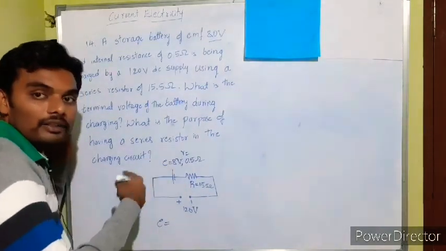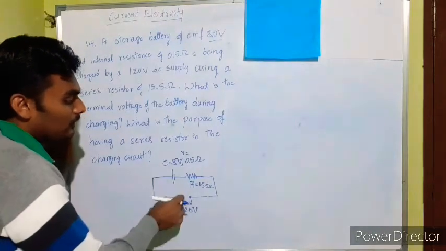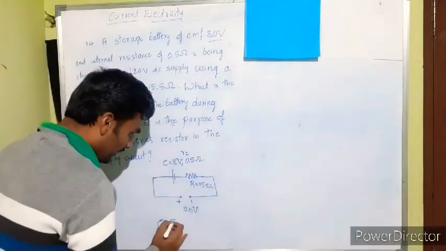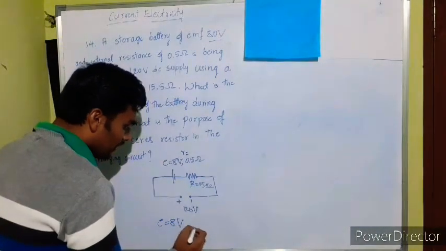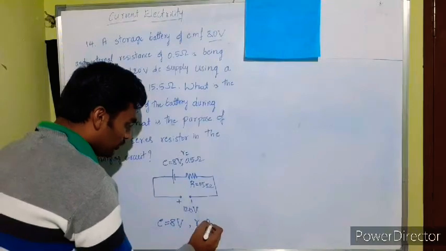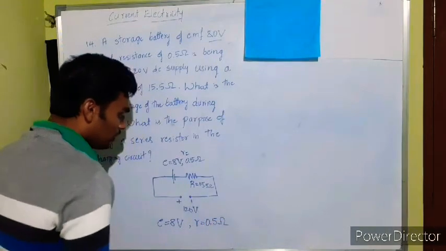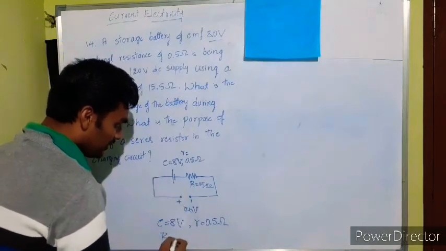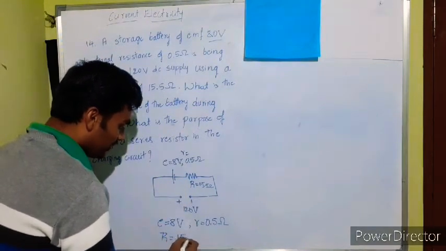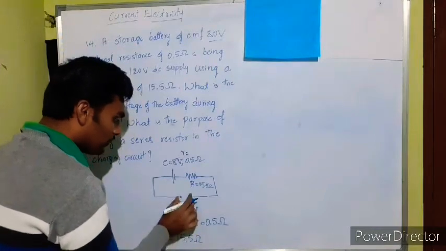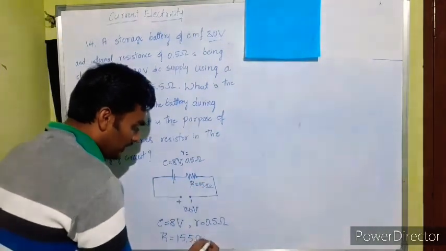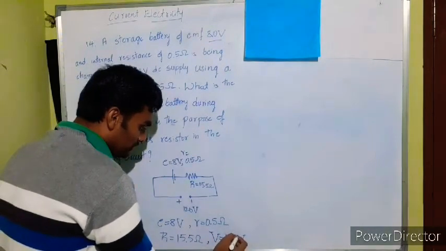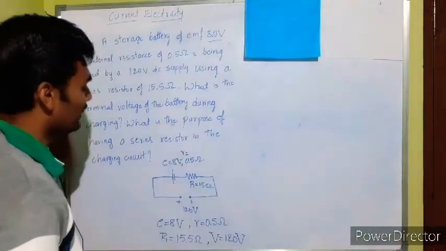Okay, and the total EMF of the network is considered as capital E. Okay, small e is 8 volt and internal resistance is 0.5 ohm, and the external resistance in series with the battery is 15.5 ohm, and the voltage supplied to the entire circuit is 120 volt. Okay, these are the given data.